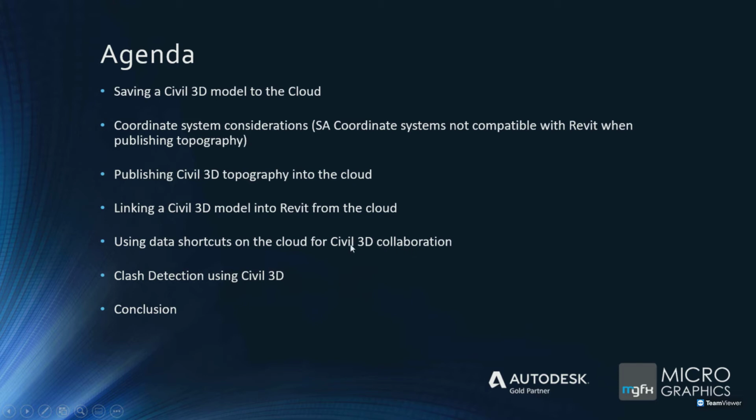But what we do have are data shortcuts, and those we can leverage just like we would leverage XREFs in a normal AutoCAD. Then lastly, we can also do clash detection using Civil 3D. And again, we'll be discussing some of the methodologies that we can use on that front. And then finally, we will just have questions and conclude.